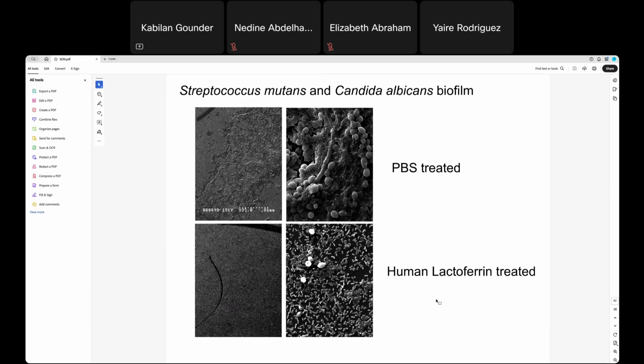Similarly, we did this with Streptococcus mutans and Candida albicans, a dual species, and how this forms biofilm on denture.